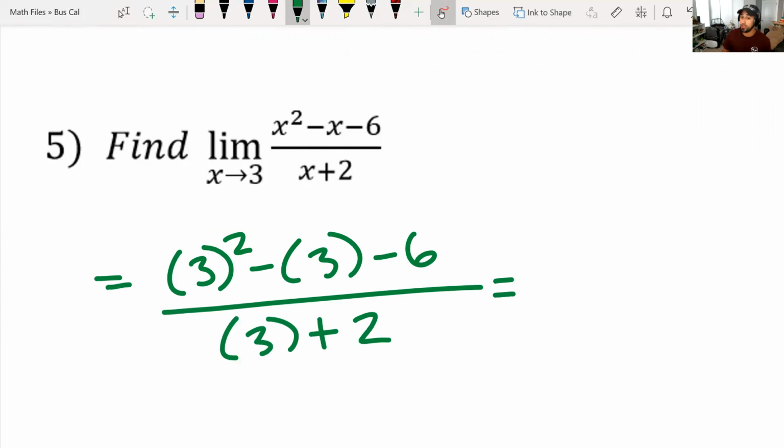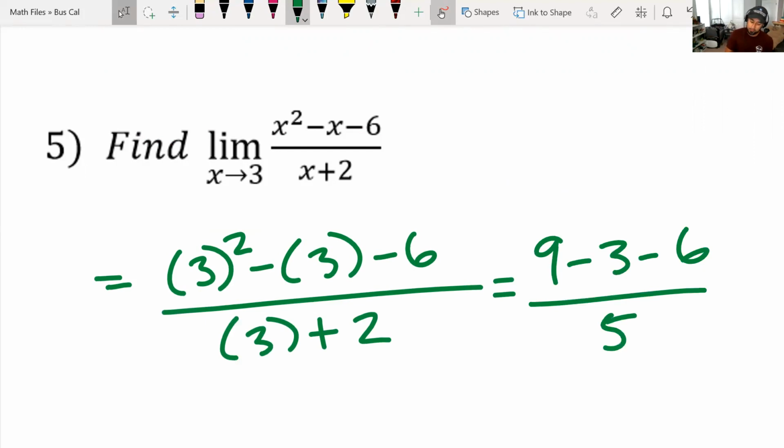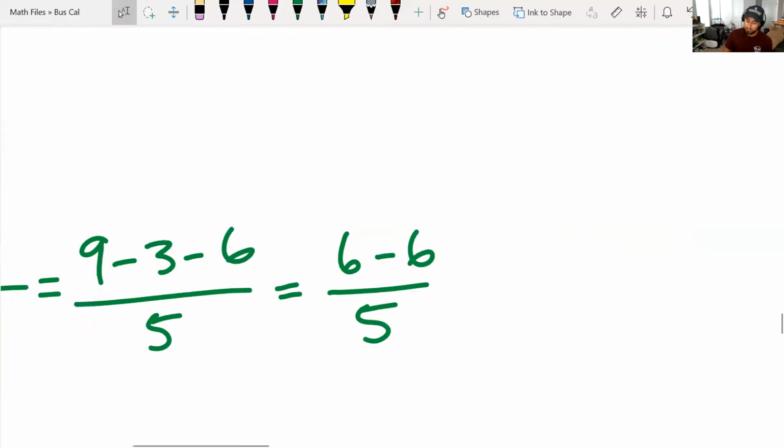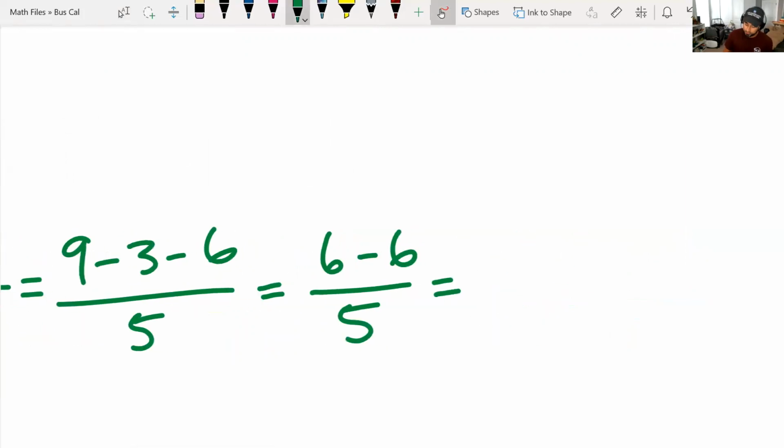And we plug in 3, you'll get 9 minus 3 minus 6 over 5, which will give us 9 minus 3 is 6, 6 minus 6 over 5, which gives us 0 over 5.